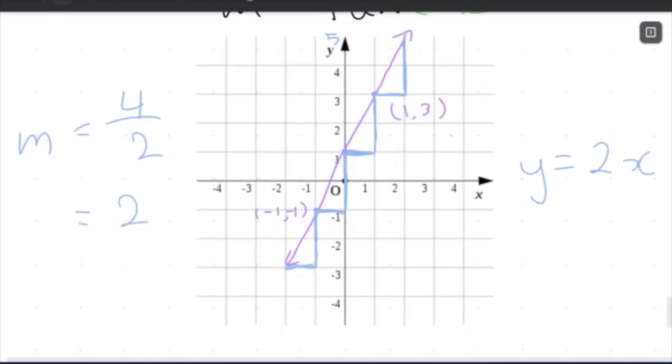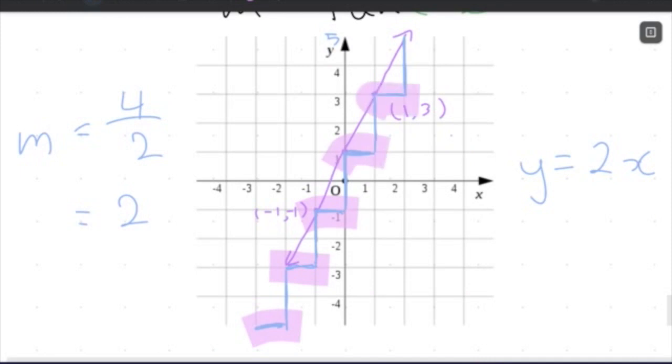I mean, I haven't drawn this line all the way through, but we can see this little stepwise motion going because my y and x are going up in constant intervals. Y is constantly going up by 2 for each time x goes up by 1.